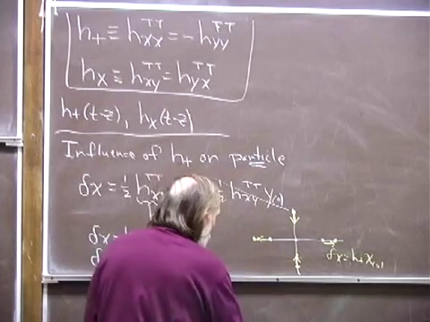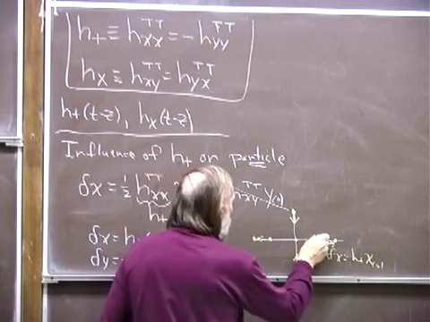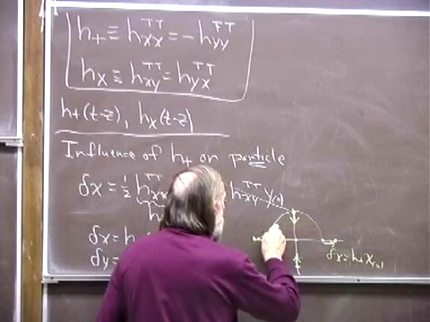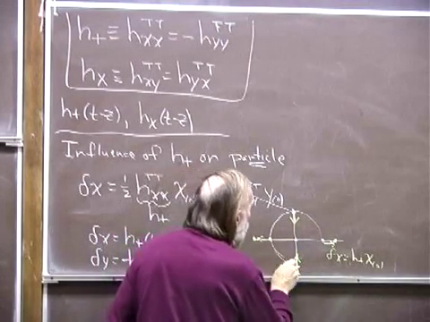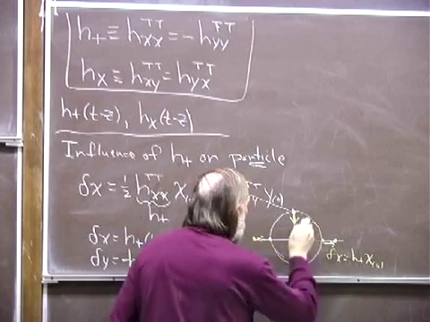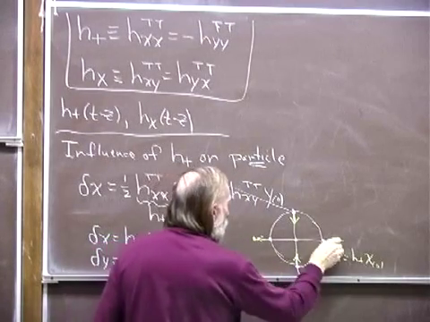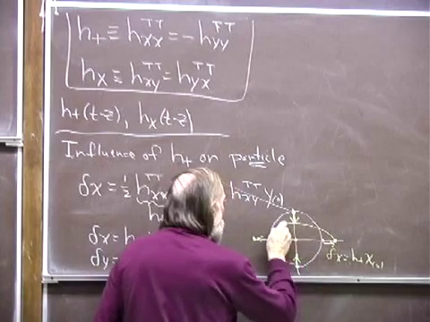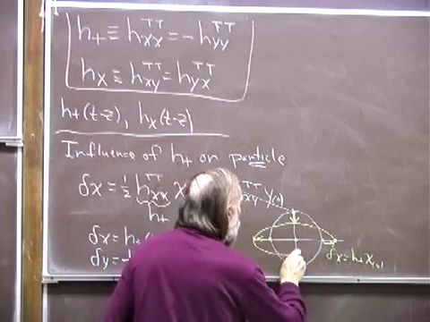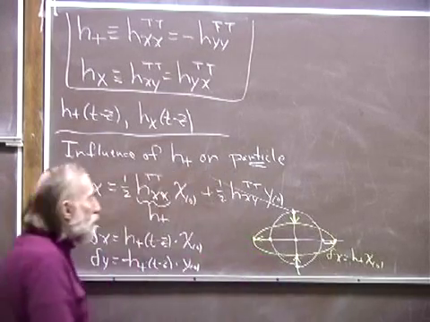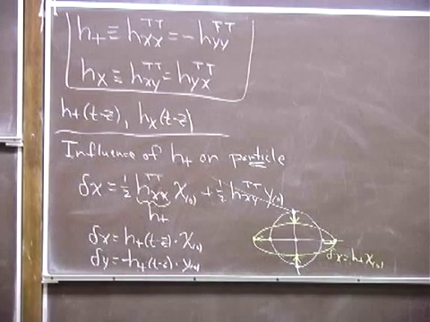And so in fact, if I had a ring of particles that initially were on a circle like this, then after the wave has passed, this ring of particles will now be on an ellipse that is squeezed in that direction.